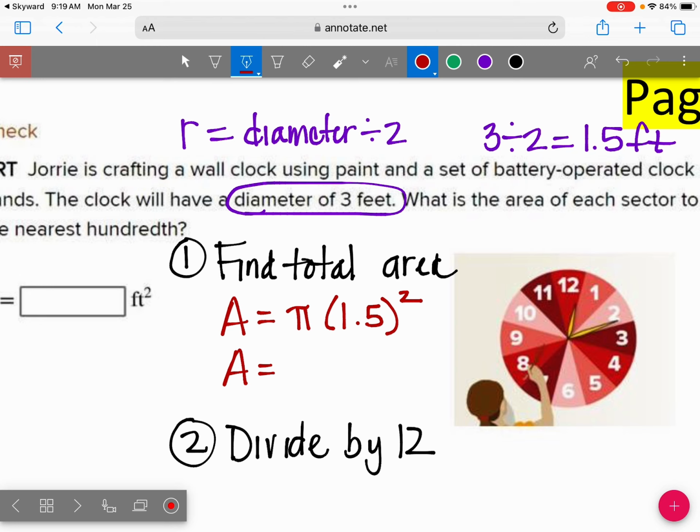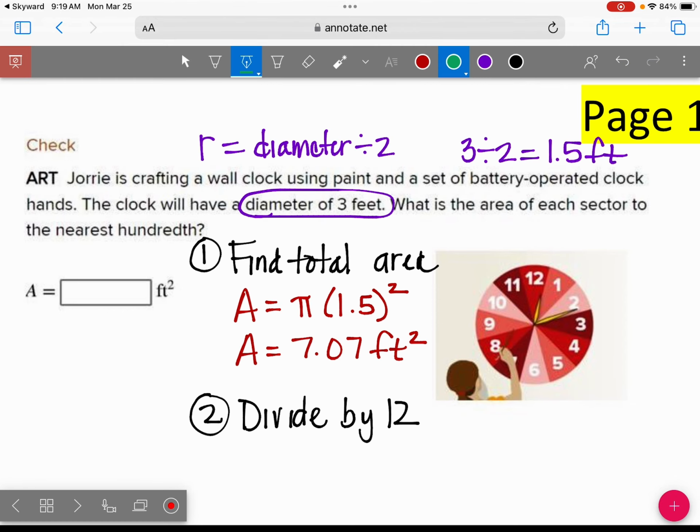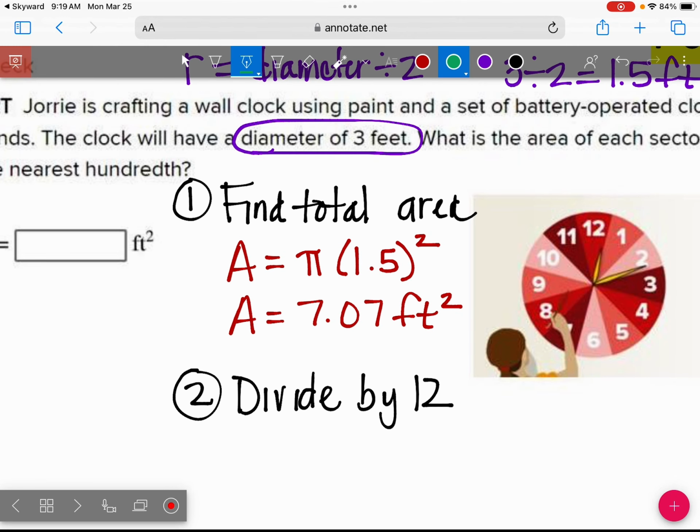And it said to the nearest hundredth, so we're going to put 2 numbers after the decimal. So that would be 7.07 feet squared. And then your second step is going to be to divide that area that we got in part 1 by 12.